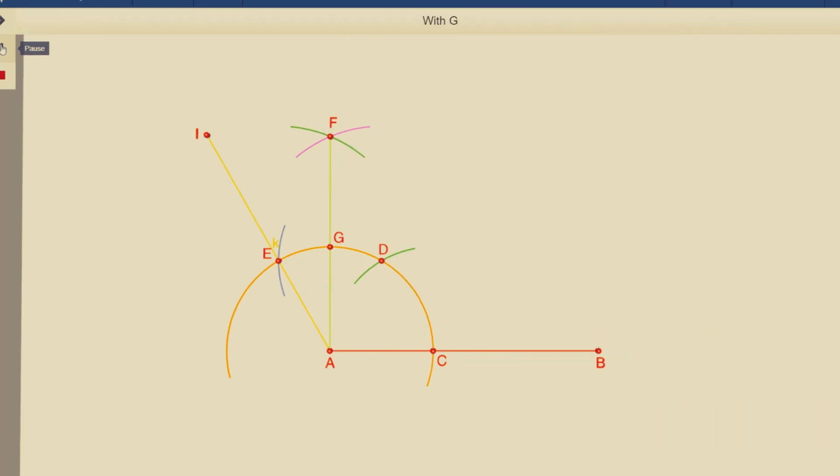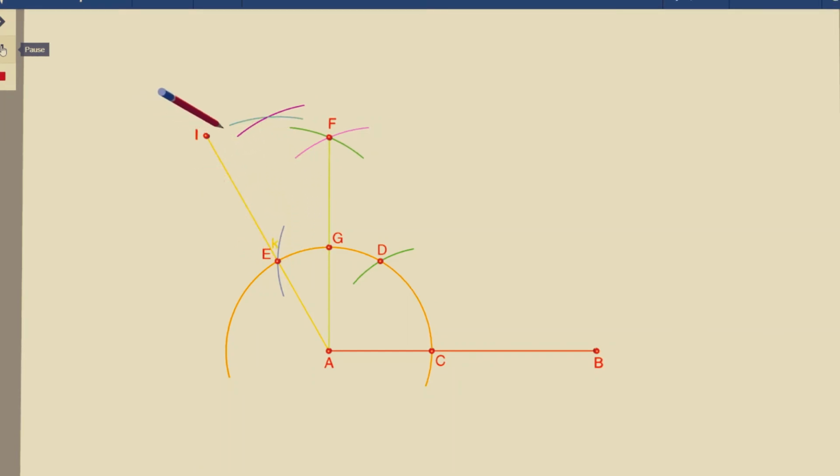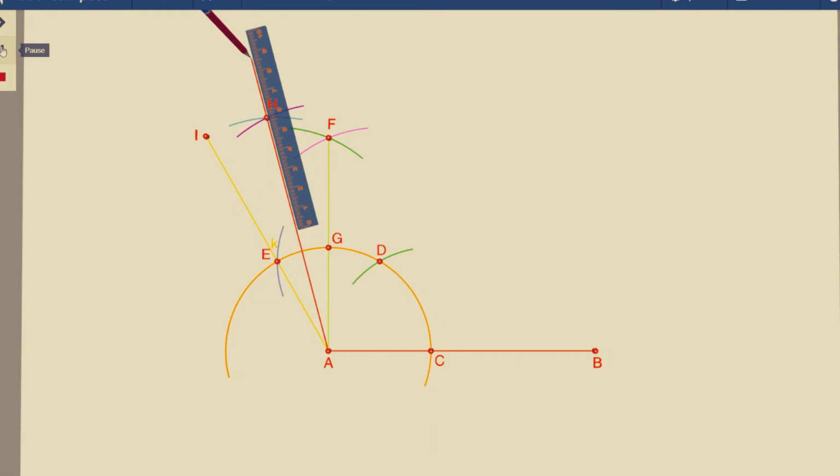Now for 105 degrees, bisect angle IAF. For this, bisect arc GE. So with centers G and D and some convenient radius, draw two arcs which intersect at point H. Join AH.